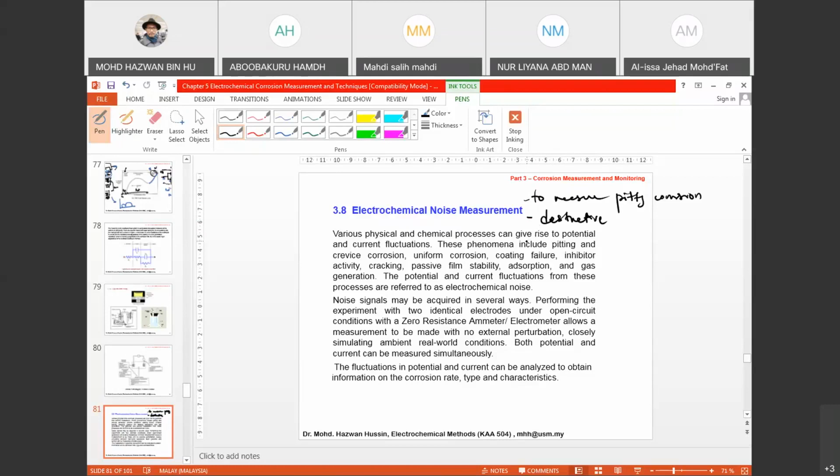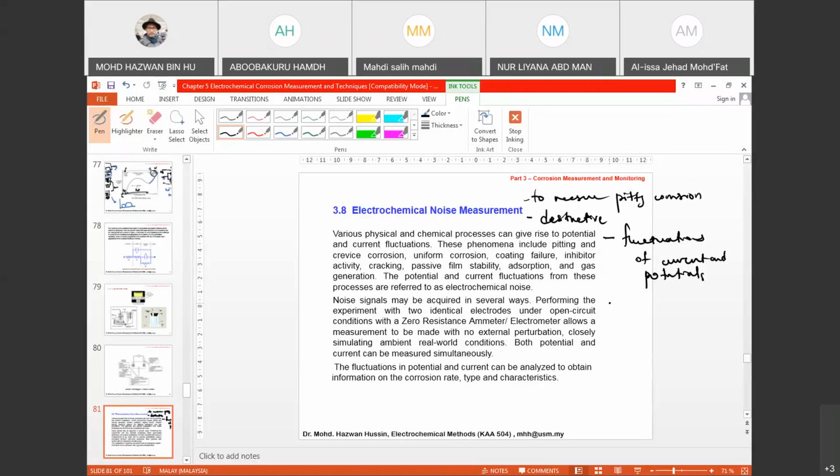So what would be the measurements here? You can determine pitting by looking at fluctuations of current and potential.